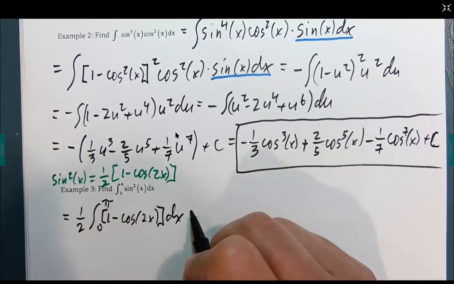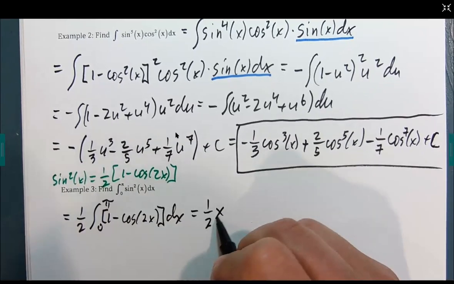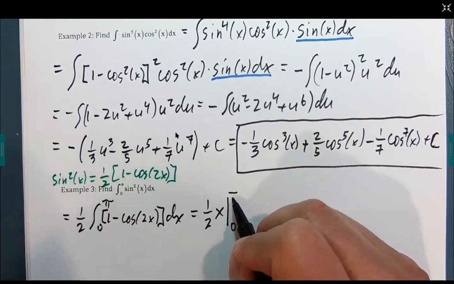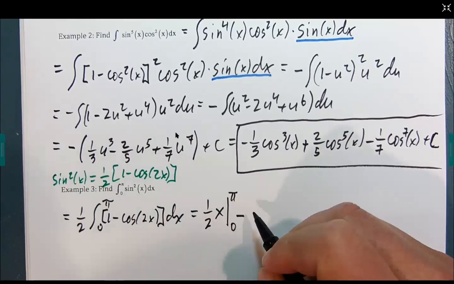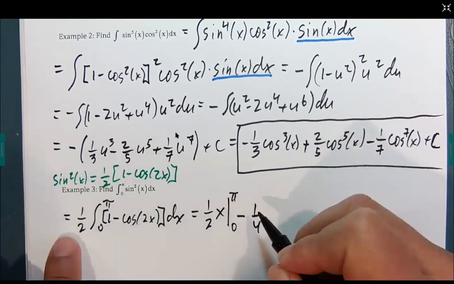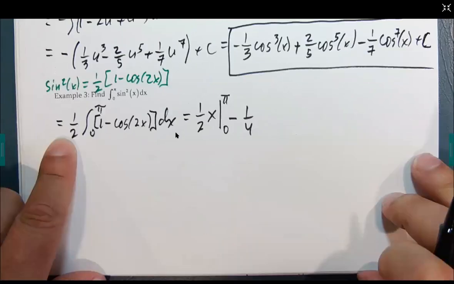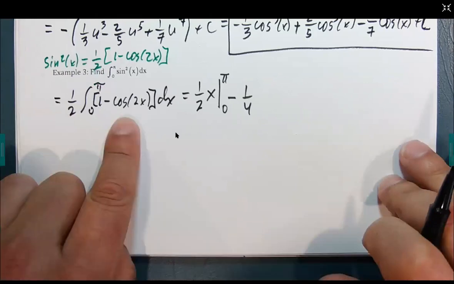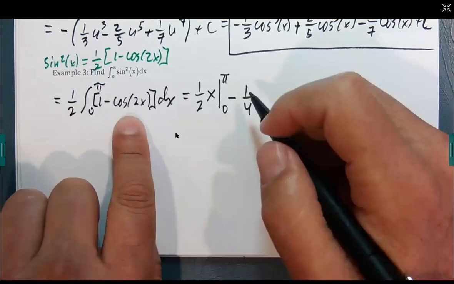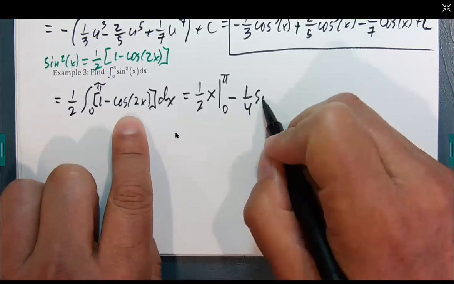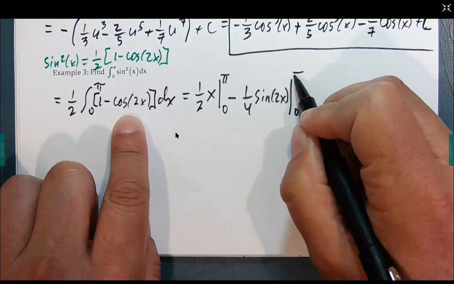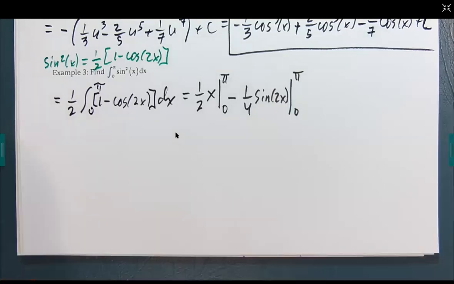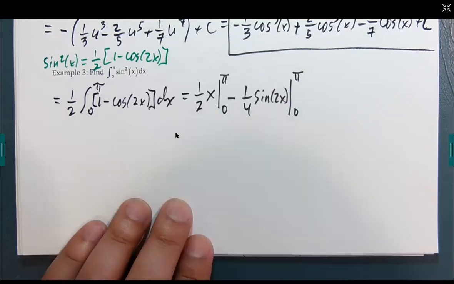So this gives us 1/2 x from 0 to pi minus 1/4. So that's the 1/2 here times the 1/2 that you get from integrating that, from 0 to pi. The zeros both go to 0 in both of these cases.